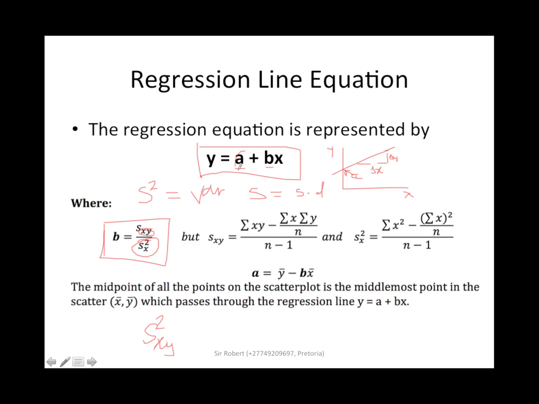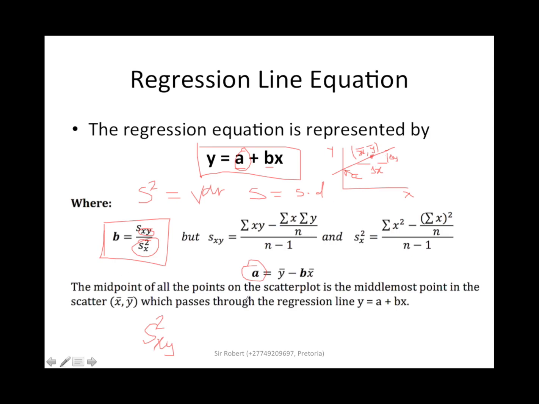And for you to determine your a, use this formula: y bar, which means the mean of y, minus b times the mean of x. How do these points come about? We know that this line passes through x bar and y bar. So there's a point along the line which x bar and y bar pass through. This is like a point on your coordinate on this Cartesian plane.